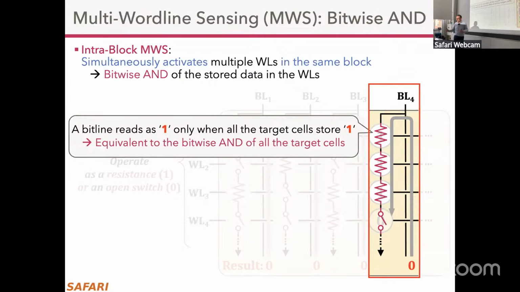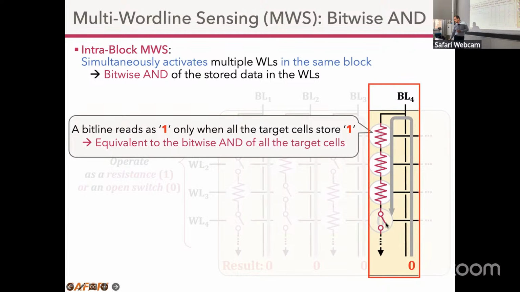So let's take a look at this. Without going into a whole lot of detail on flash memory, which would be a lecture in itself, this is what flash memory looks like. This is one bit line over here, and I'm showing you 4 cells. They all belong to different word lines. Essentially, each cell operates as a resistor or open switch. The value 1 is resistor.